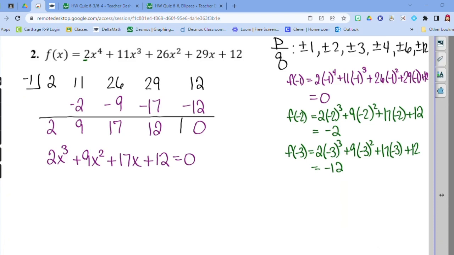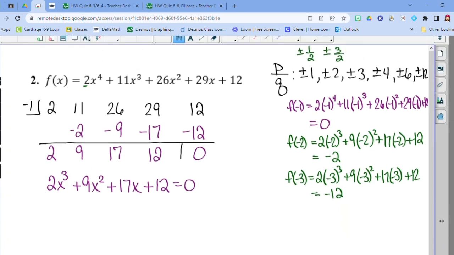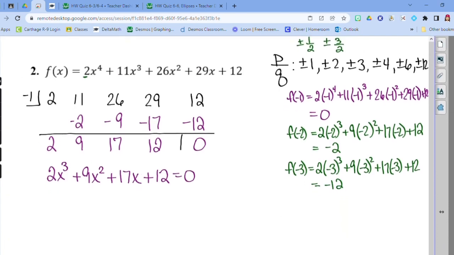I have 3 over 2. 4 over 2 is 2, 6 over 2 is 3, 12 over 2 is 6. So those are the only 2 new ones I need to work out.